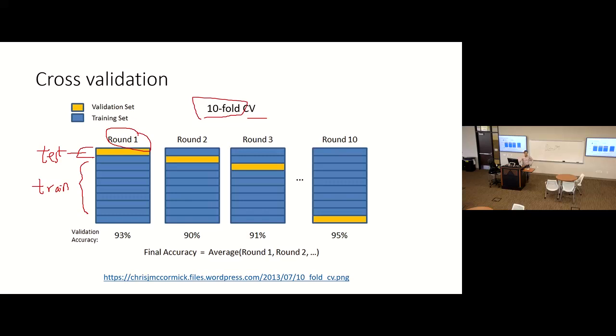After you train your model on 90% of the data, you test with the 10%, and then you get your accuracy. For example, in this case, I can predict 90% of the cases in my test. Then you do that again, randomly assigning 90% as training and 10% as test.